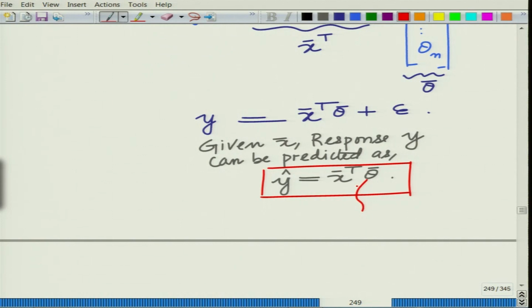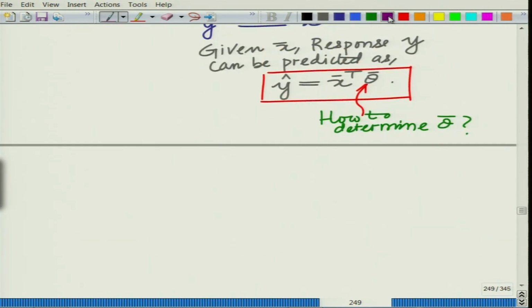So, how to determine that is the question.